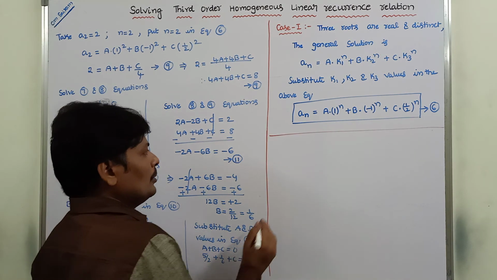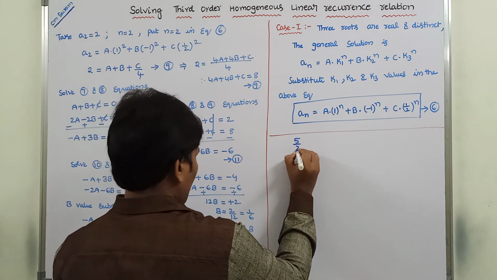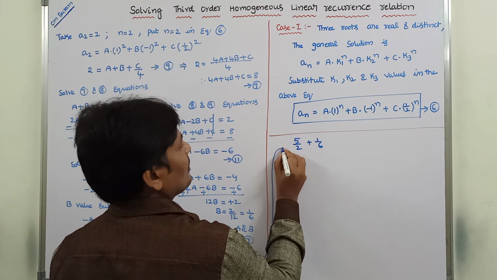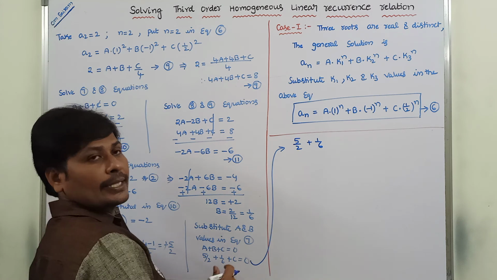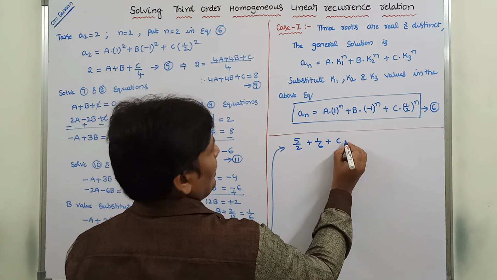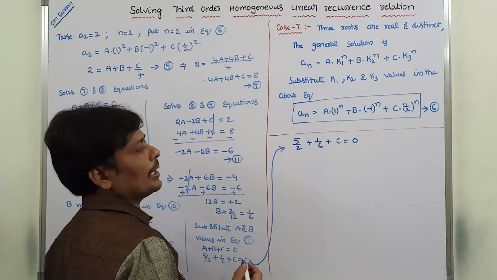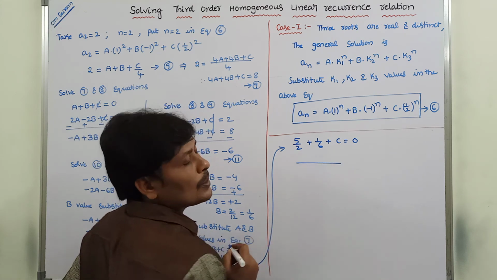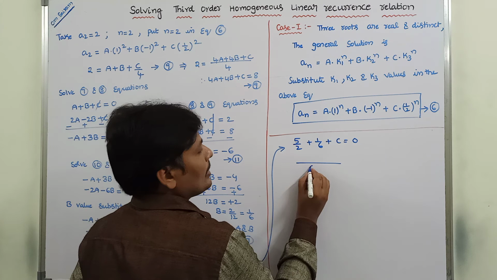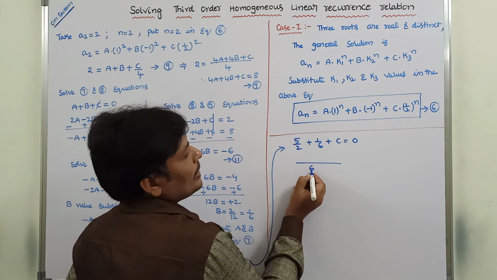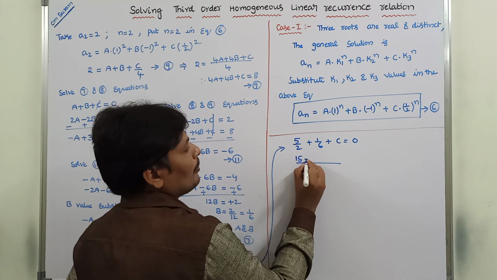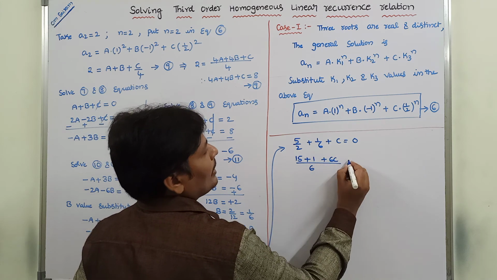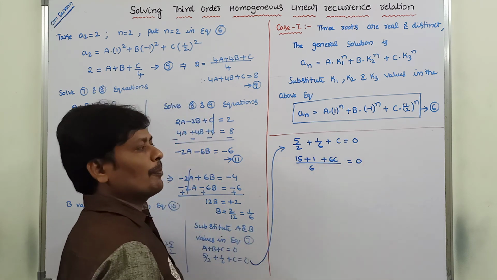Next, 5 by 2 plus 1 by 6 plus C is equal to 0. So now we are taking LCM of 2 and 6. LCM is 6. So 2 into 3, that is 15 plus 1 plus 6C is equal to 0.